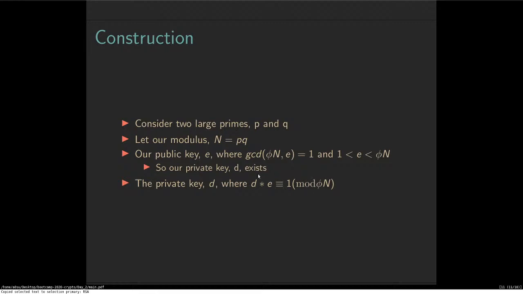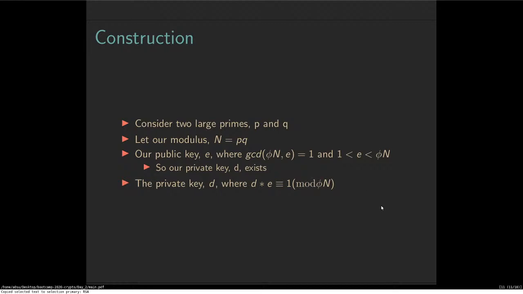So what we have here, as I said before, our public key is going to be called E. We select that our E is going to be co-prime to phi of n. This symbol here, the circle with the line through it, is called Euler's totient.